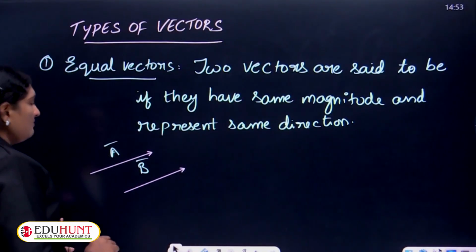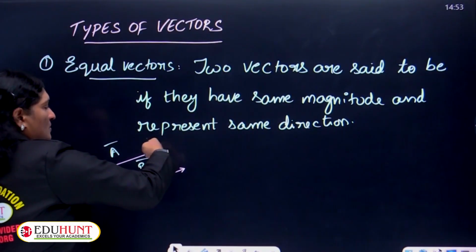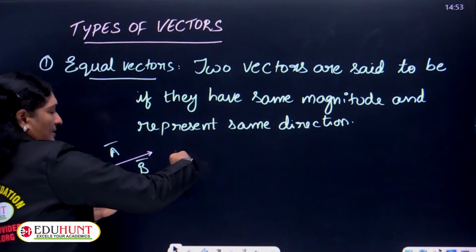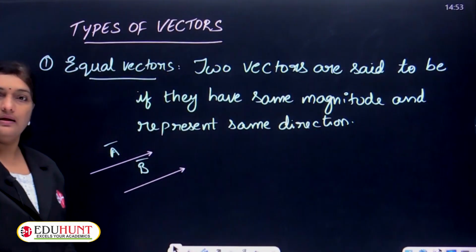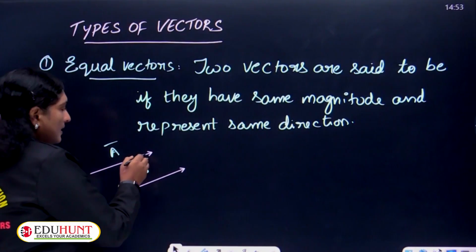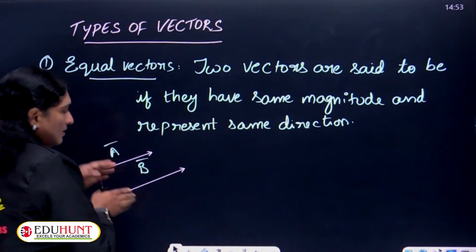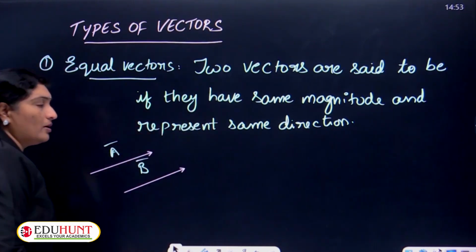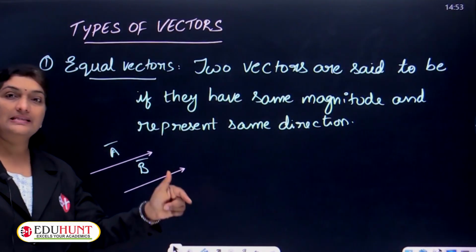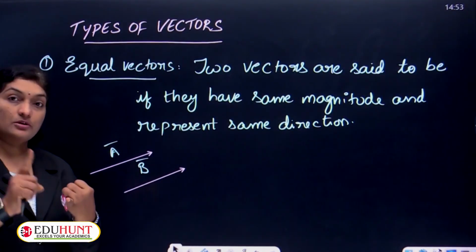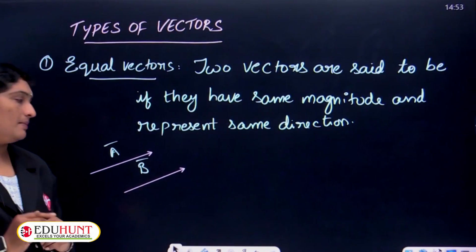But if on a proper scaling, the length of this vector equals the length of this vector, then we say that the magnitudes of the two vectors are the same. Similarly, if they represent the same direction, then we say that the vectors are equal. So, these two conditions must be satisfied: they must have equal magnitude and they must represent the same direction.